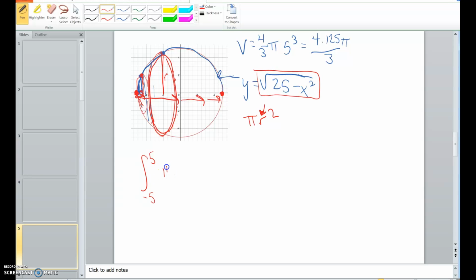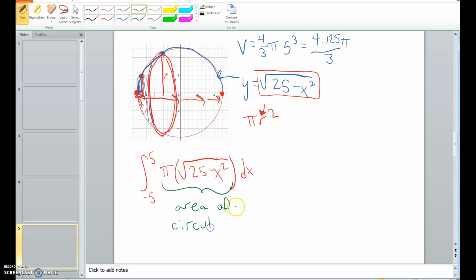So that's going to be pi times root 25 minus x squared dx. So this piece is the area of each circular cross section.